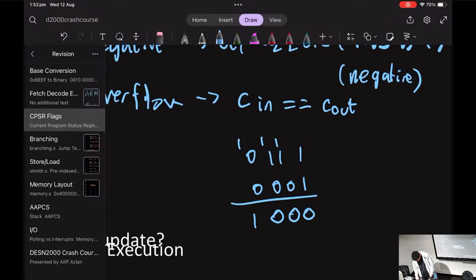Now, the carry going into this digit is 1, right? From the previous, we have a carry bit here. But what's the carry going out of this number? There is no carry, right? The carry here is 0. So we're actually comparing these two numbers, and that's what detects overflow.